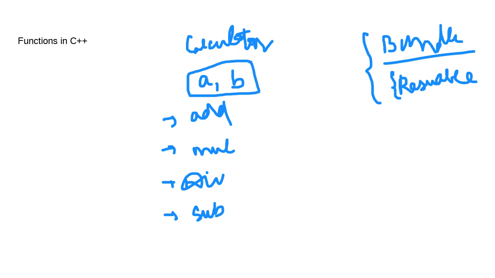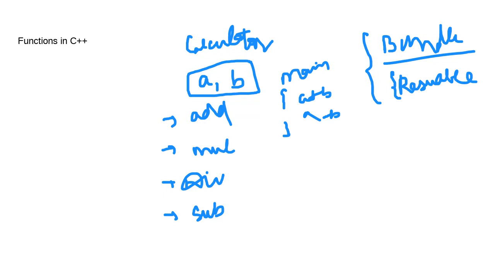One way is to write all these steps in the main: a plus b, a minus b, a multiplied by b, and all those things. The other way is to divide these tasks into functions.